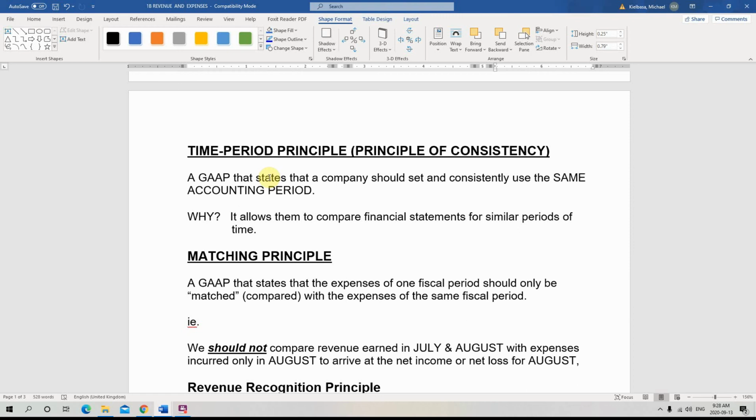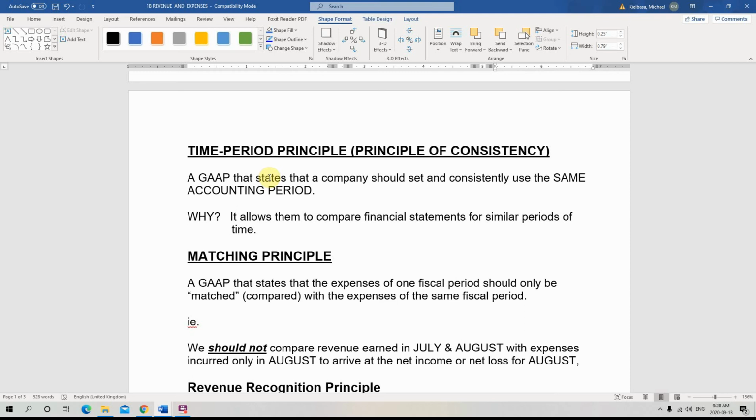Instead of making a financial statement for 1 month and then the next one for 6 months, where you're not going to be able to compare those two financial statements, if you always set a fiscal period of a month, you're going to be able to compare if the company's improving or getting worse from 1 month to the next.